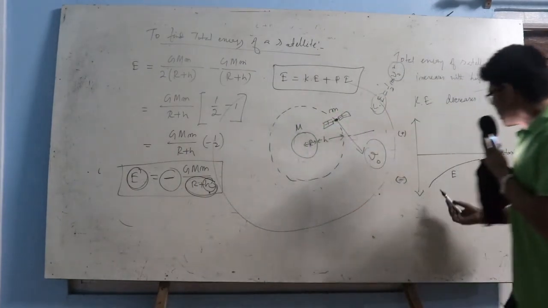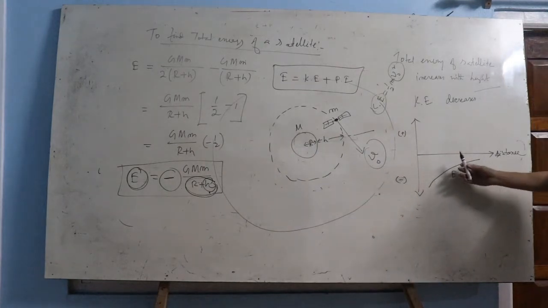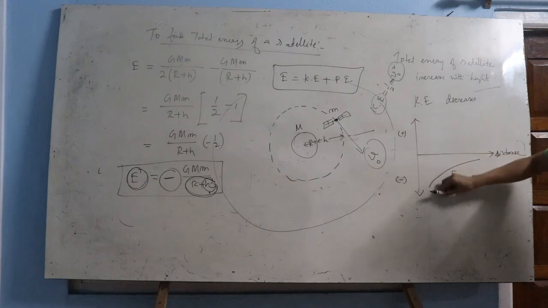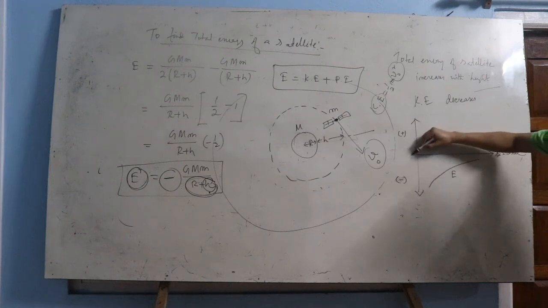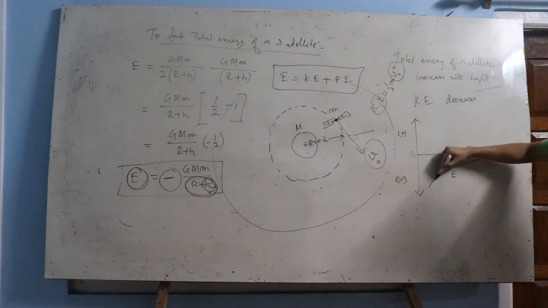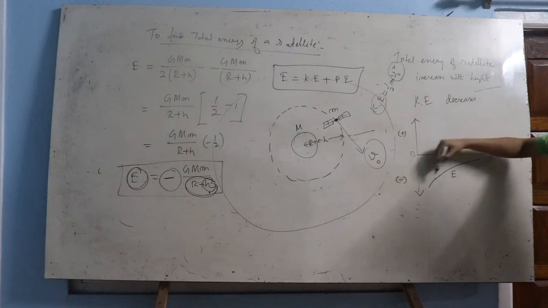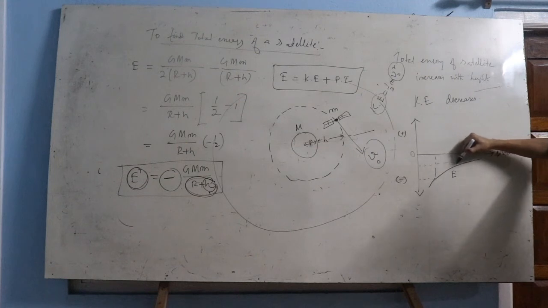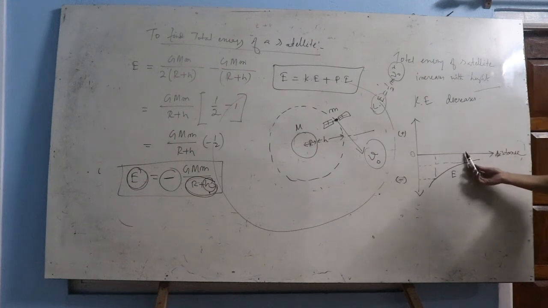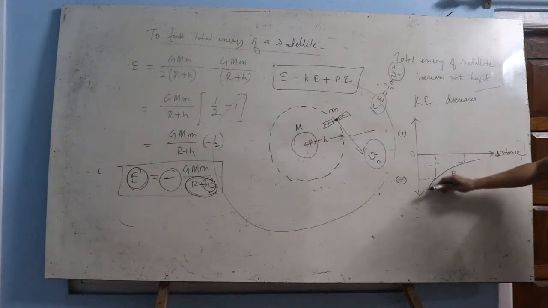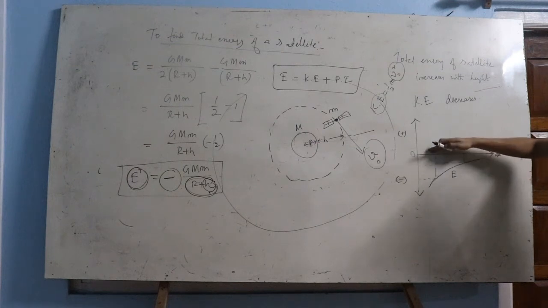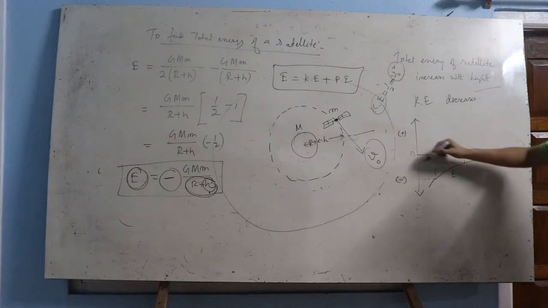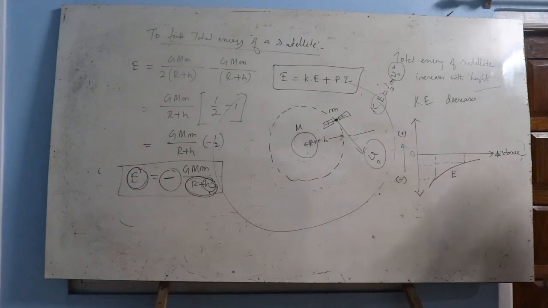Because when you increase the distance, from negative it comes toward the origin here. Suppose you choose this point and this point. Distance increasing means the energy is coming towards the origin. It means energy is increasing here.